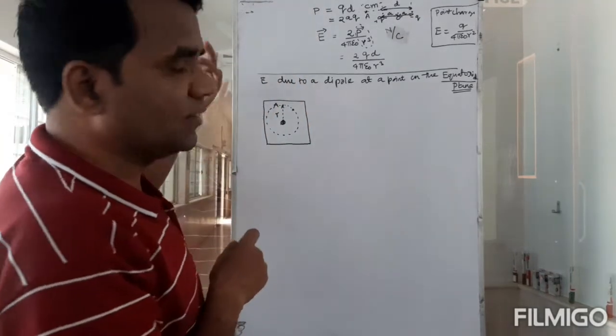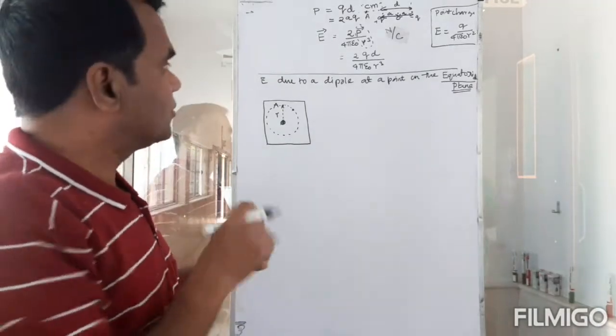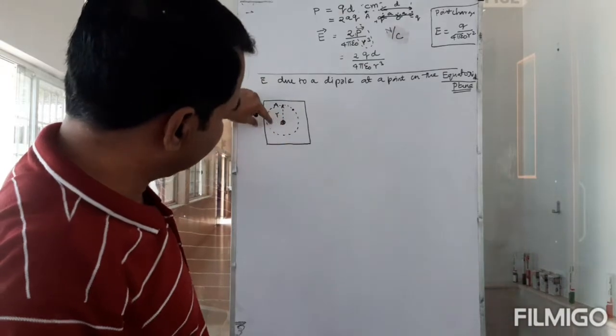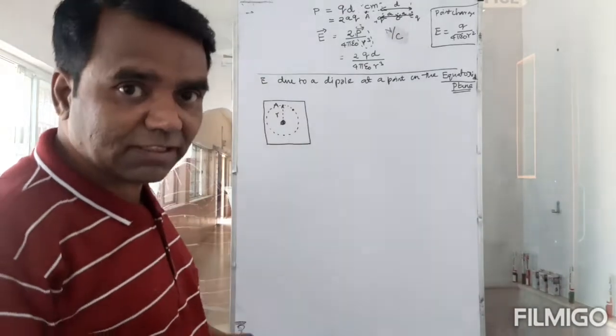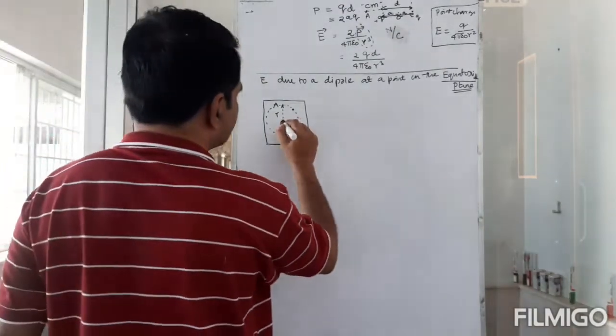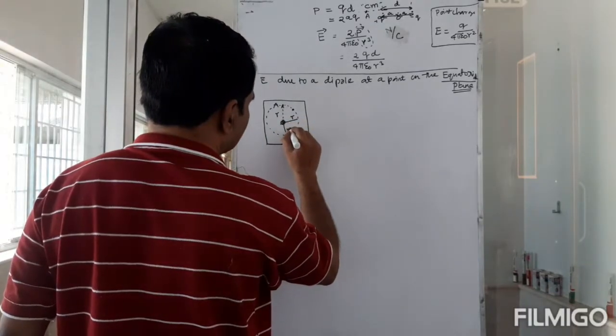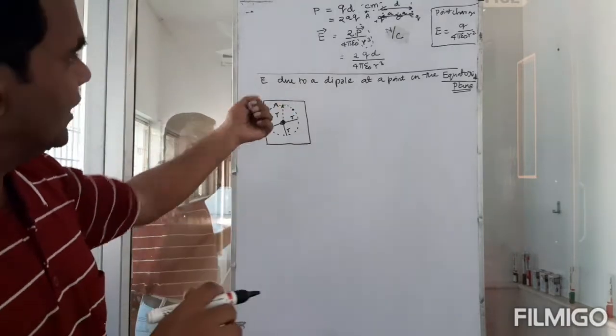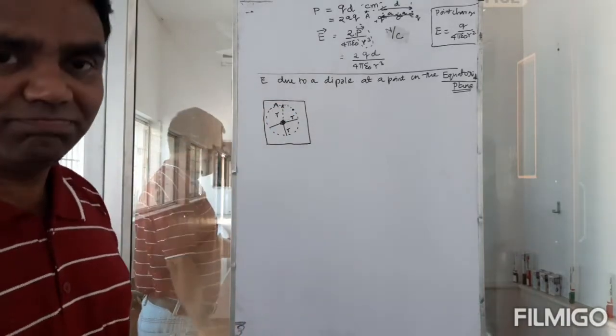If this is negative, and that's positive. And they will have the same value, notice, because they're separated by the same distance. Because this is R, this is R, this is R, this is R, same. So if it's 10 centimeters, we do 10 centimeters. So everything will have the same magnitude and direction.